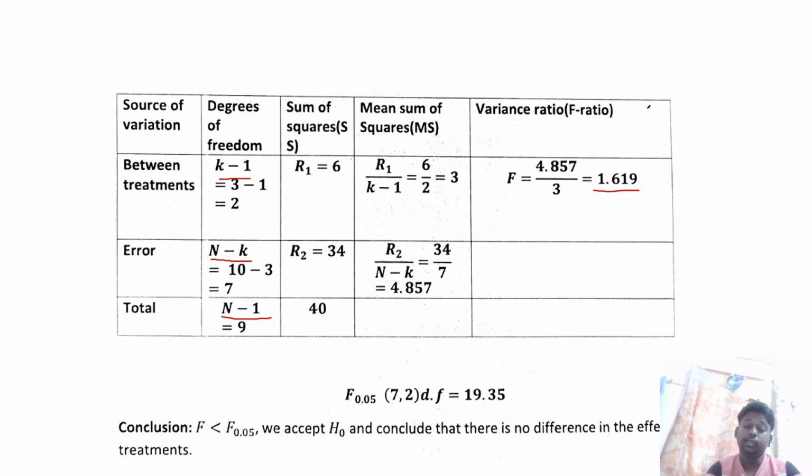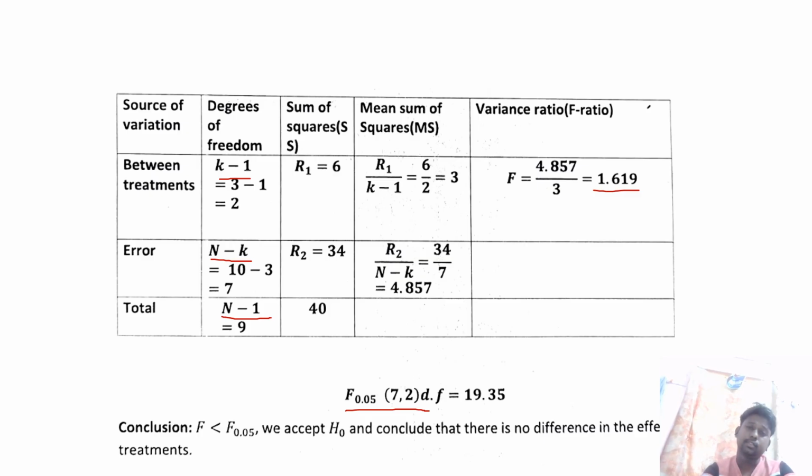Next we are going to see the table value. For the table value, we take 5%, that is a 95% significance level. The formula is F 0.05 with 7 and 2. Since we have taken 4.857 as the numerator, its degree of freedom is implemented in the first value, and the denominator's degree of freedom is implemented in the next value.